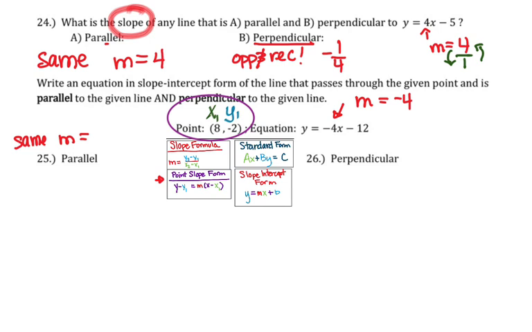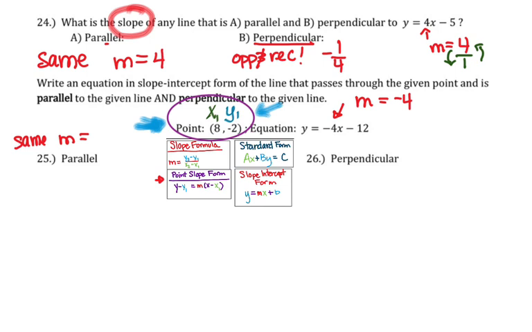So anything parallel to this line would have the same slope. But the catch is this, and please don't miss this. The catch is it has to go through this point. It's not just any parallel line. It's a very specific parallel line that must go through this point. This is the tricky part of this question, right?